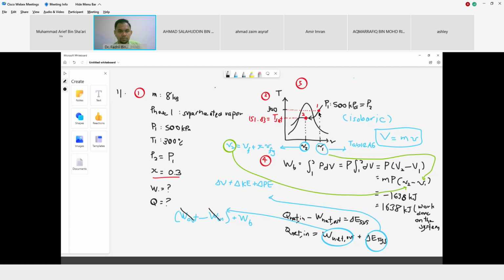This W b comes from the boundary work value, minus 1638. Don't use the positive one, use the actual one, which is minus 1638.